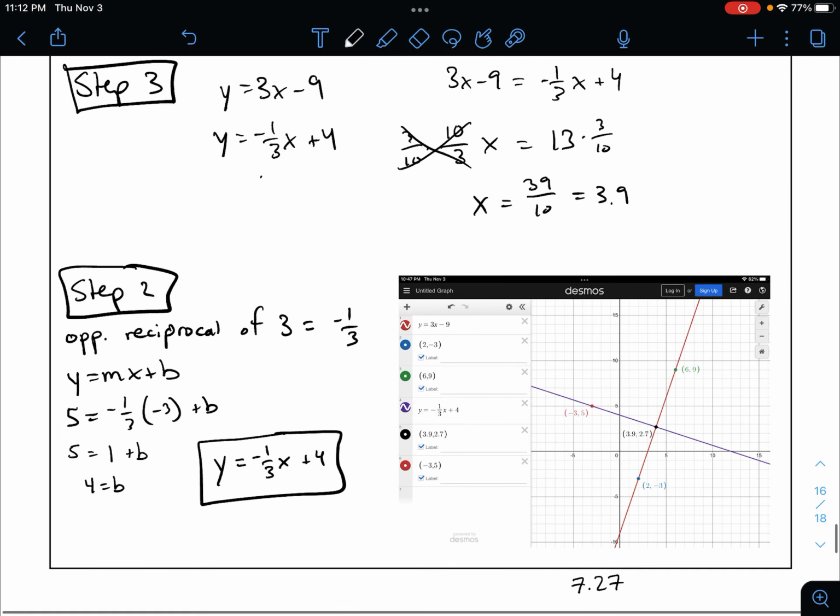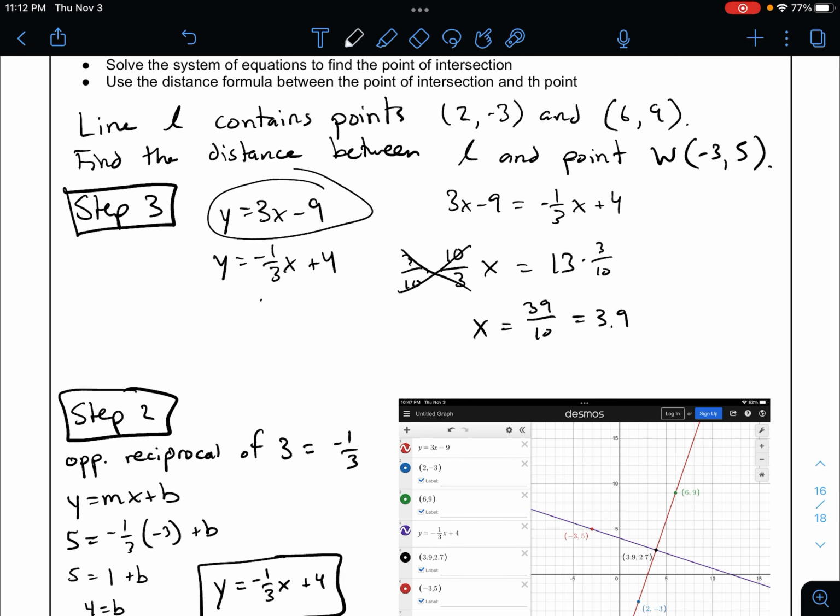So when I plug in 3.9, the first equation is going to be a little bit easier. We're going to say y equals 3 times 3.9 minus 9. If you're looking for 3 times 3.9, my recommendation would be to do 3 times 4, so it's something close to it, and then just subtract the 0.3, because it's 0.1 difference 3 times.